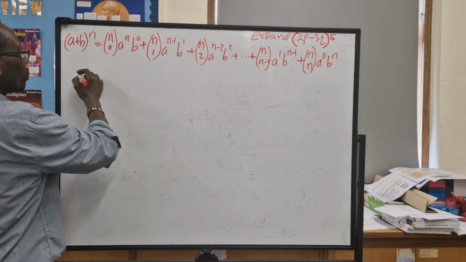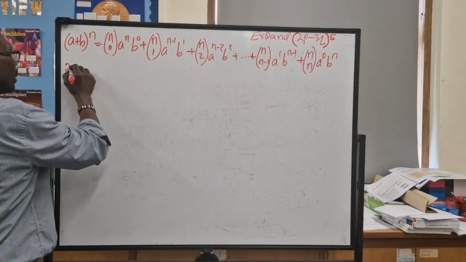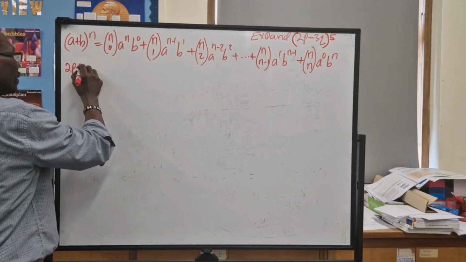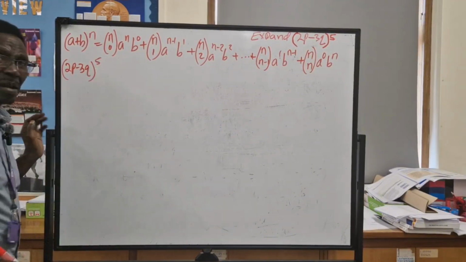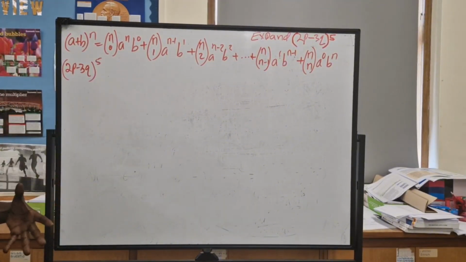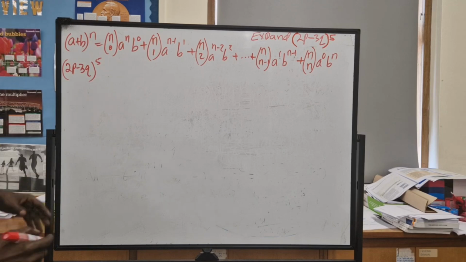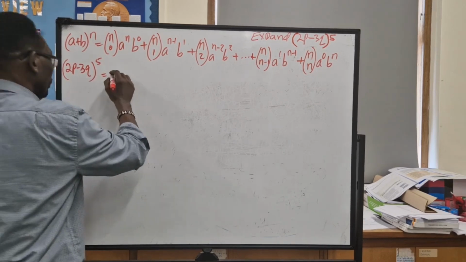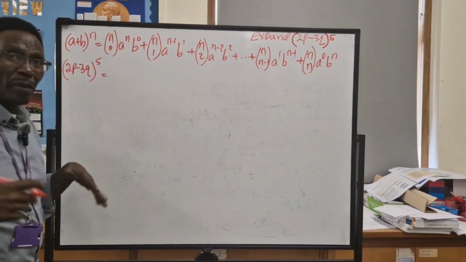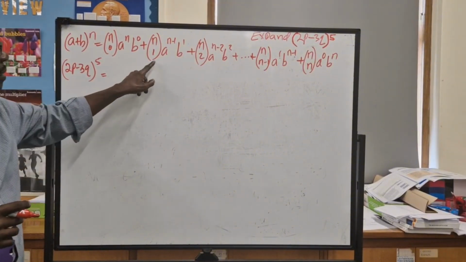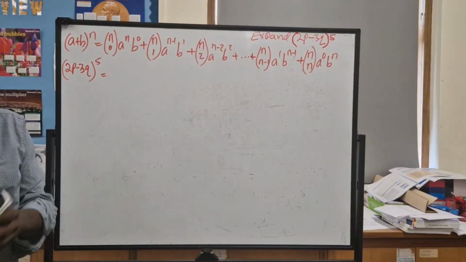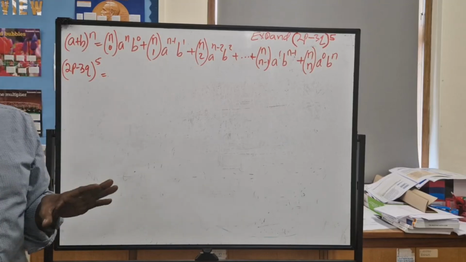So we've got 2p minus 3q. I'm just going to write it down, and then we are going to simplify it. We can check for the combinations from the calculator, but I'm going to use Pascal's method.